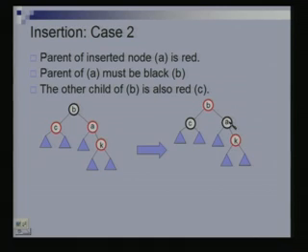This is the transformation we are going to do. No transformation really, we just recolored the nodes, and this corresponds to a split, and let us see why. I have colored this black, colored this black.